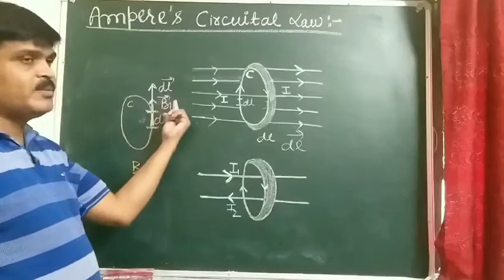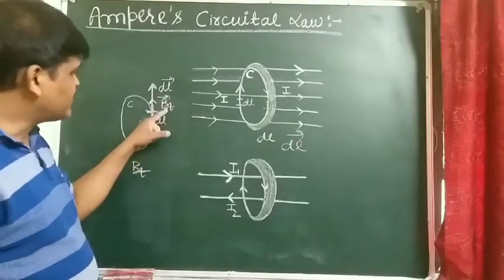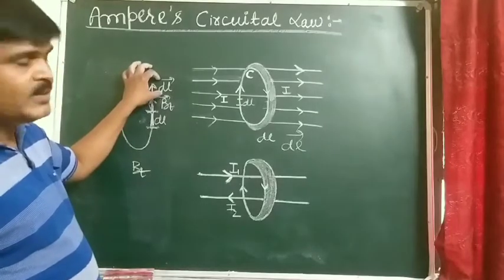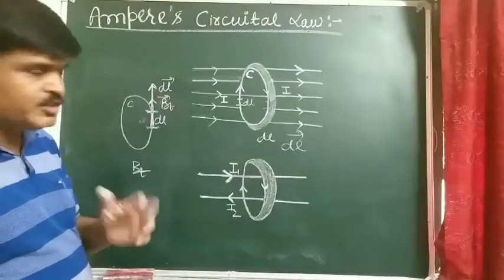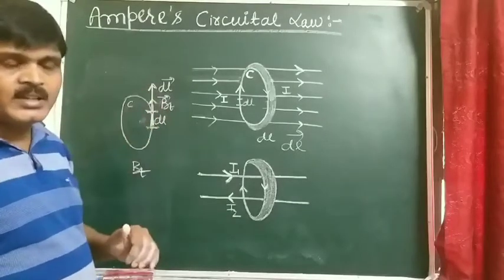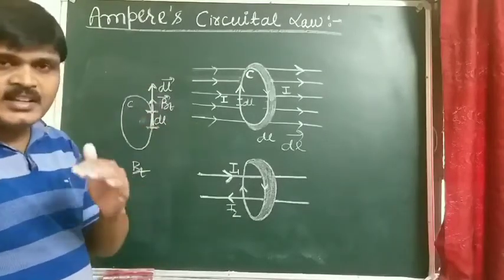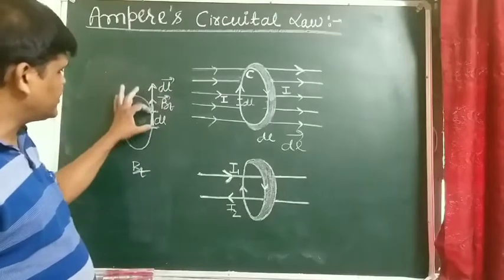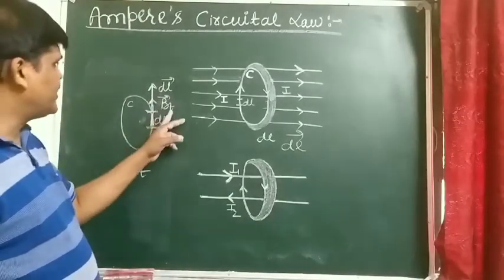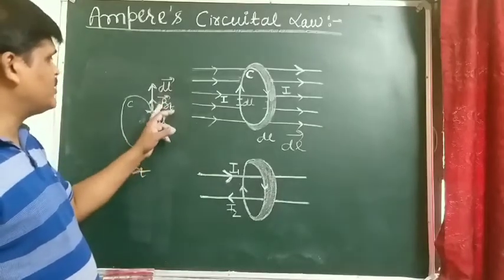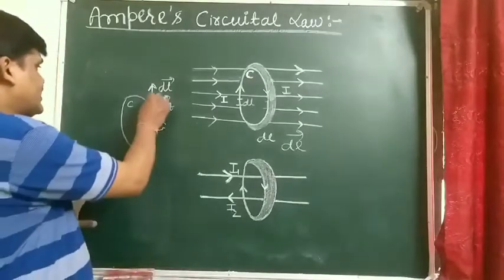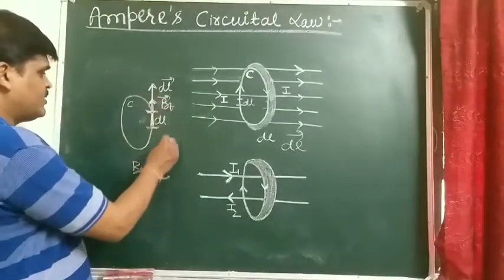So the angle between the tangential component of magnetic field Bt and the dl vector is 0, because the magnetic field and the dl vector act in the same direction, tangent to the given line element.